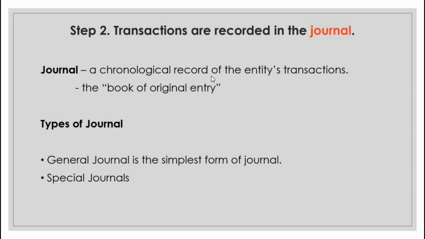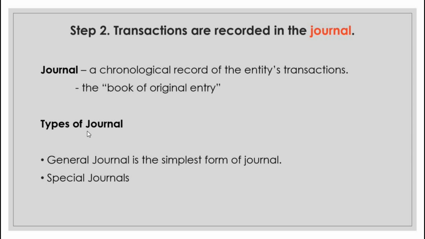So, that's why, for example, in a journal, you will find that January 1 transactions are recorded first before January 2 transactions because we are following a chronological order of recording transactions. So journal is considered as the book of original entry.